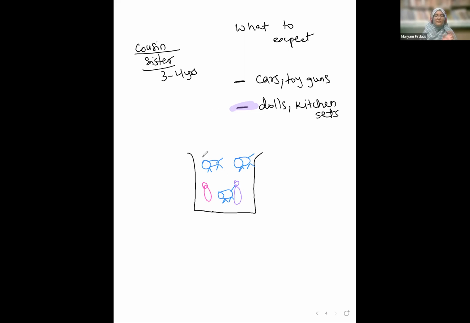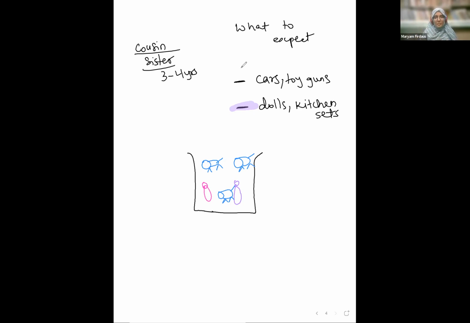So tell me, this toy basket is in front of you, but you can't see what's inside it. You just randomly close your eyes and take out one toy from her basket.